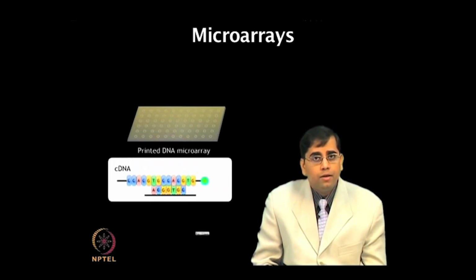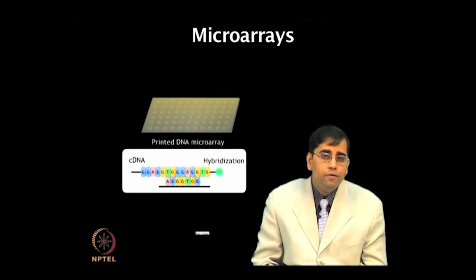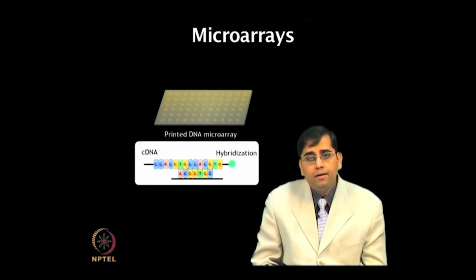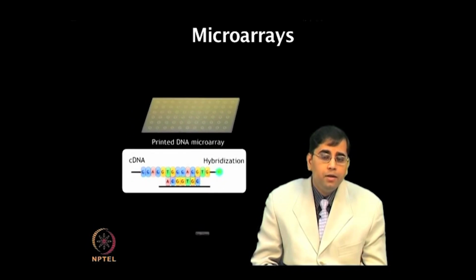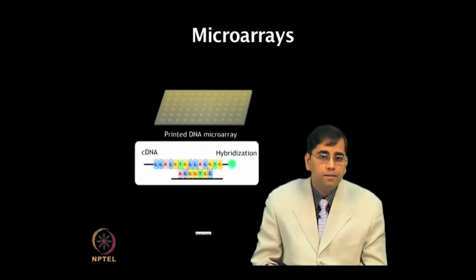This allows hybridization to occur between the probe oligonucleotide on array surface and the labeled cDNA sample of interest. In this manner, expression level of thousands of genes can be measured and analyzed simultaneously.